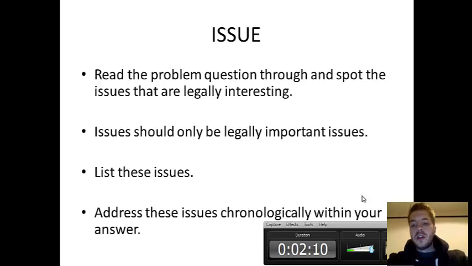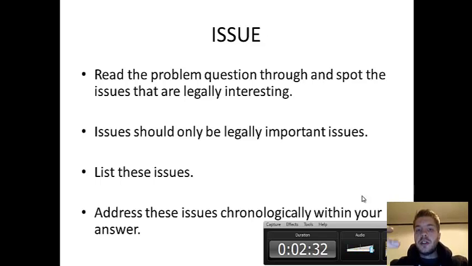Issues. You should, having studied public law and tort and contract, be able to read through a question and spot certain things in that question that you find legally relevant. And other things that are just damn right interesting or not interesting. And they're there to make the question fit.